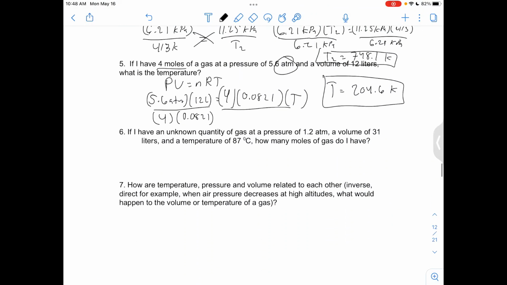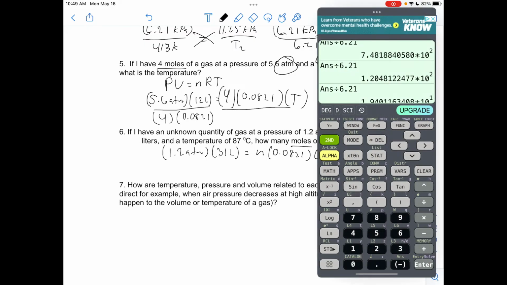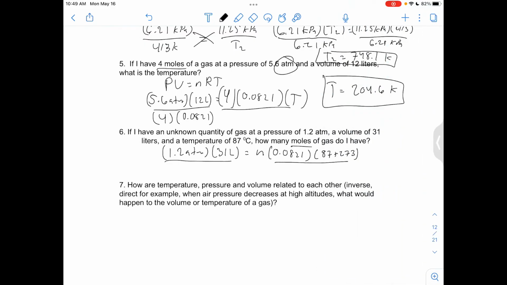Okay, an unknown quantity of gas. We got 1.2 atm. Again, we're looking for moles, so we're using PV equals nRT. Volume is 31. We're looking for n. Again, we're using atm, so I'm going to use the same constant. Temperature is 87, but I want it in Kelvin, so I'm going to add 273 to that.